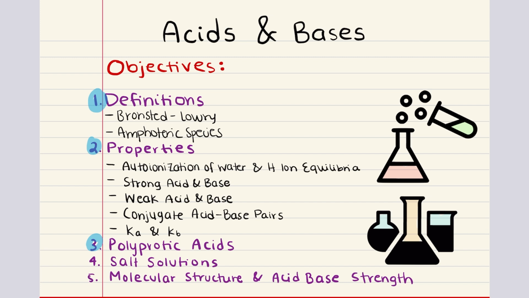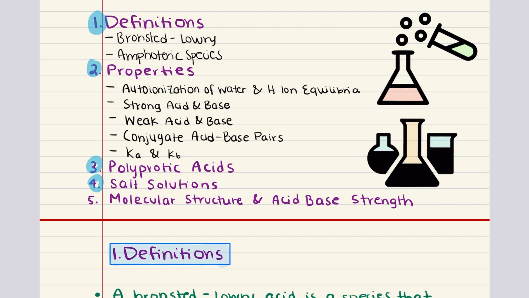This section will explain how each proton dissociates in a stepwise manner and how each step impacts the overall behavior of the acid. Then we'll move into salt solutions. We're going to discuss salt solutions, exploring how salts, which are the products of acid-base reactions, can influence the pH of a solution when dissolved in water.